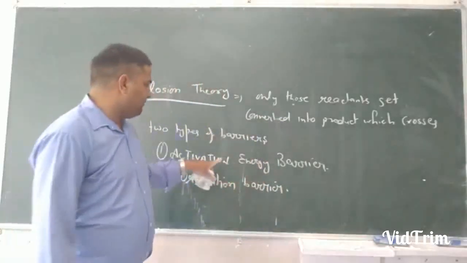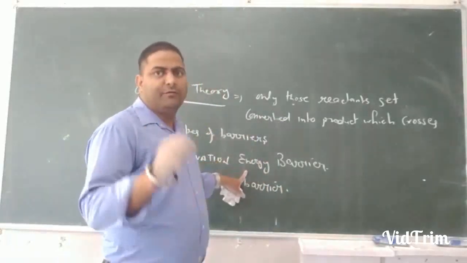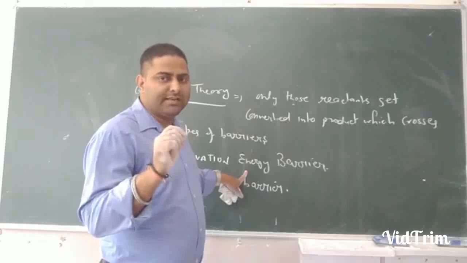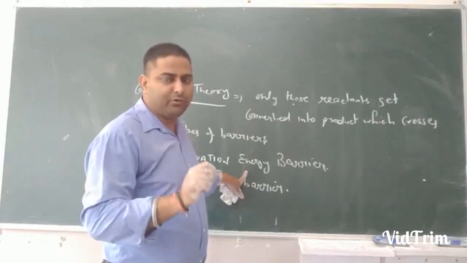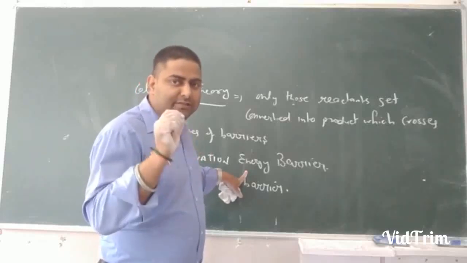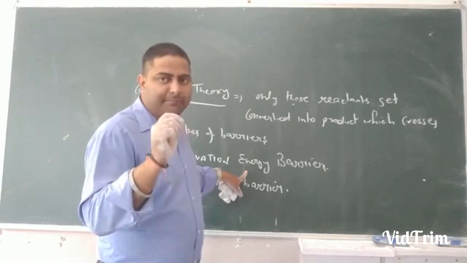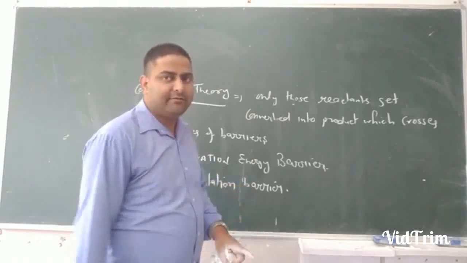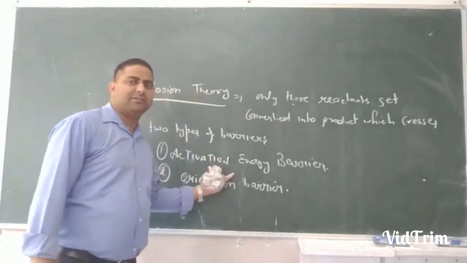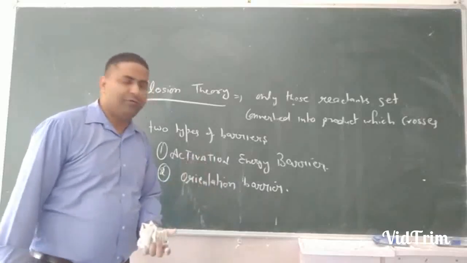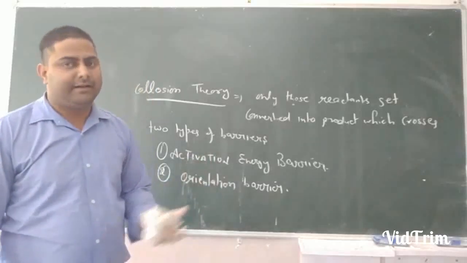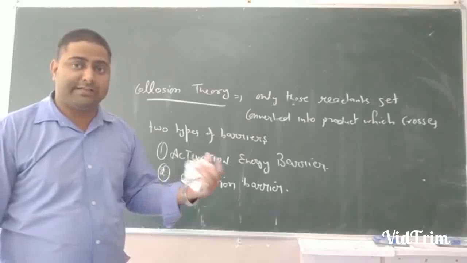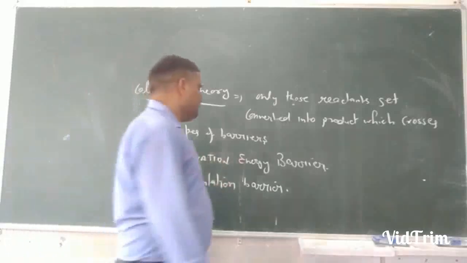The first barrier we know, the activation energy barrier, simply indicates that only those reactants get converted into product which cross the threshold energy barrier, meaning which have the minimum activation energy. So the first is activation energy, also called the energy barrier.